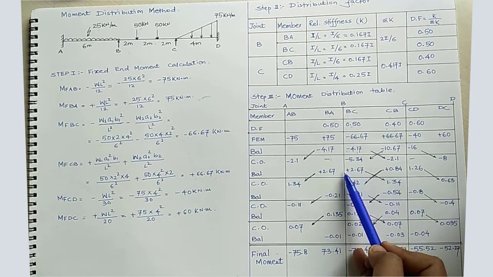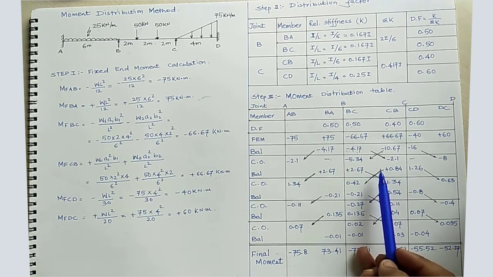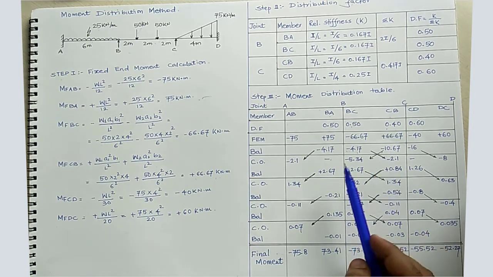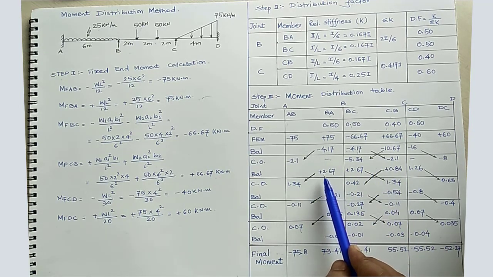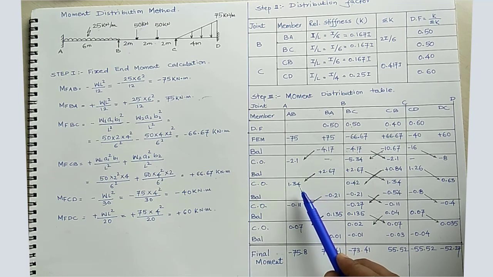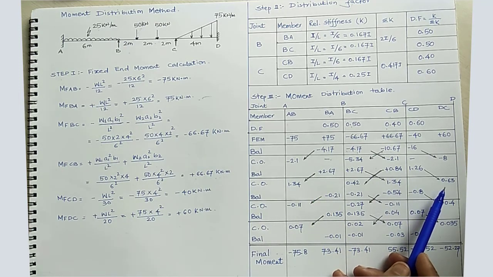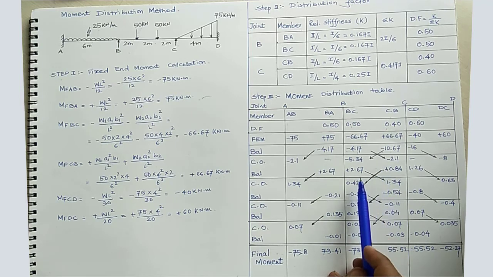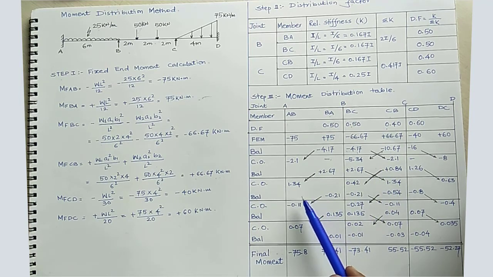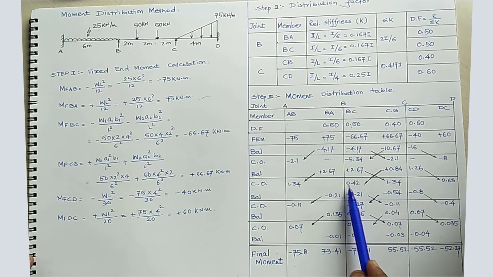Okay. So again we have balanced it, but again due to the nature of the supporting system, we have to carry over. So carryover for AB is 50%, for DC again 50%, and BC will share 50% of its moment. Due to this carryover, the joints become unbalanced again, with moments 0.42 and 1.34. Again we have to balance this by multiplying by the distribution factor and applying the minus sign to the value.